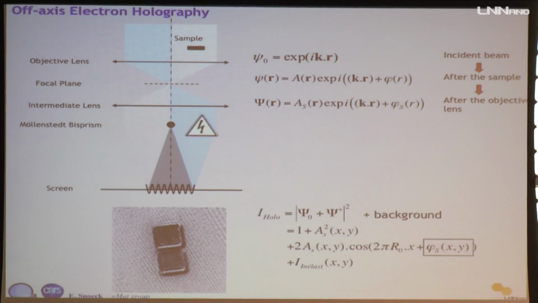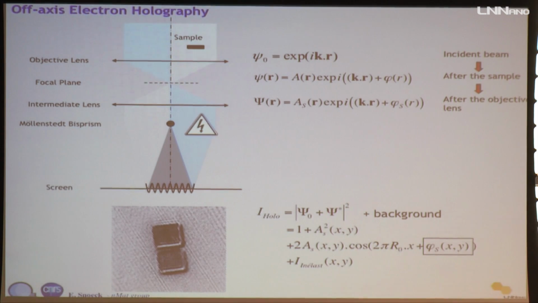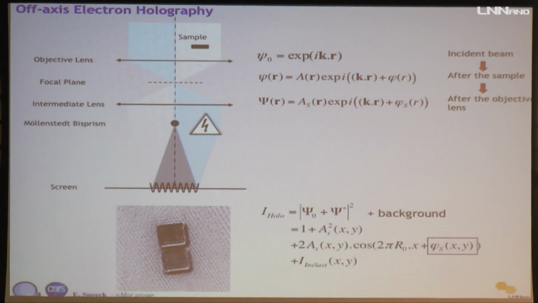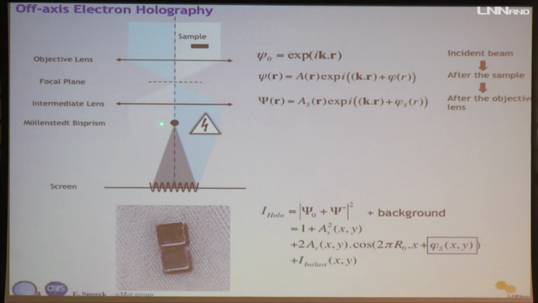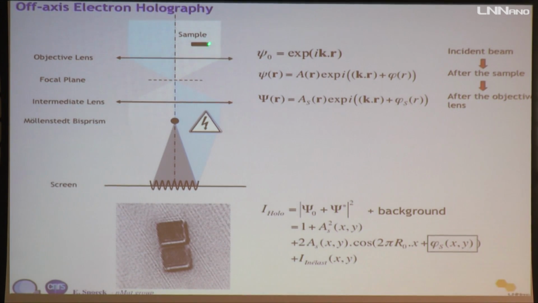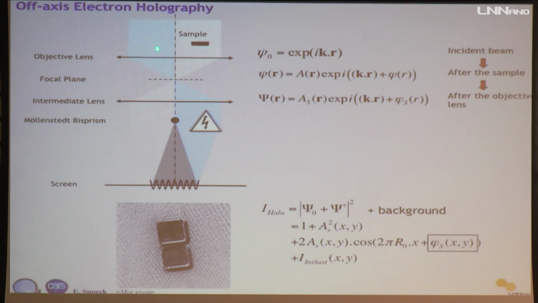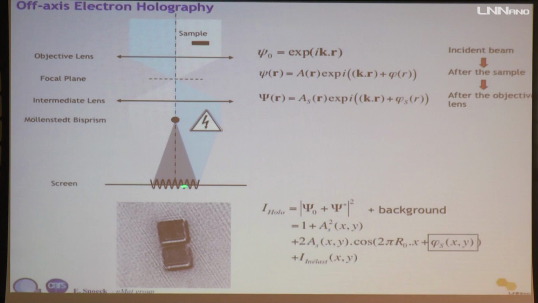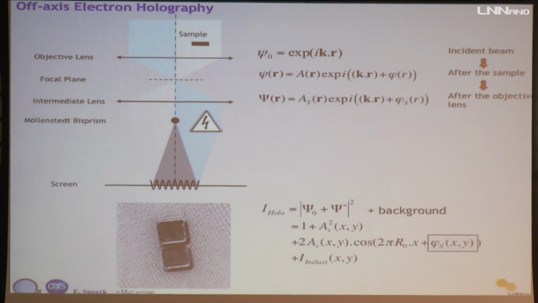It's located in the selected area aperture plane, in the image plane actually. You bend each part of the beam, the beam which has passed and interacted with the sample, and the beam which has passed in the vacuum, and then you create some overlap. And then this overlap creates fringes, like in a Young's experiment, but it creates fringes with a reference beam and a beam that has been phase shifted.